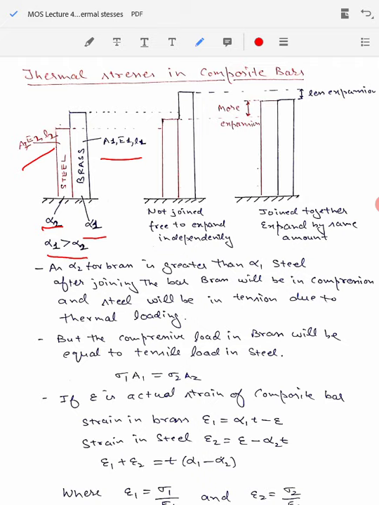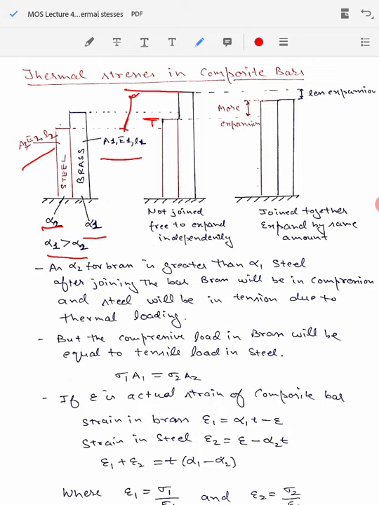We can see that the steel bar has expanded by this much amount, while our brass bar has expanded by this much amount. So this is the case when they both are free to expand. These two bars are not joined together.